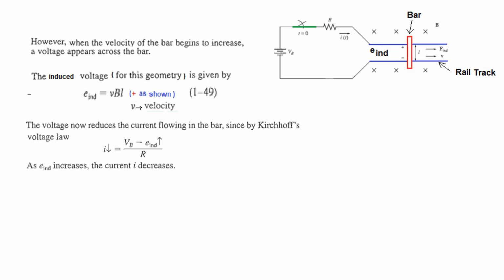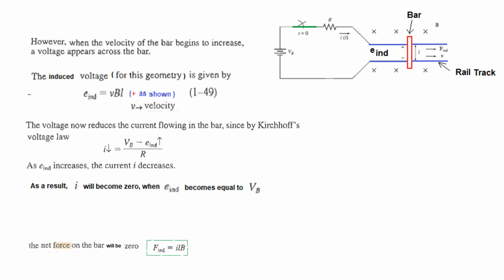So we say that as E induced increases, the current I decreases. As a result, I will become 0 when E induced becomes equal to VB. We already discussed this.